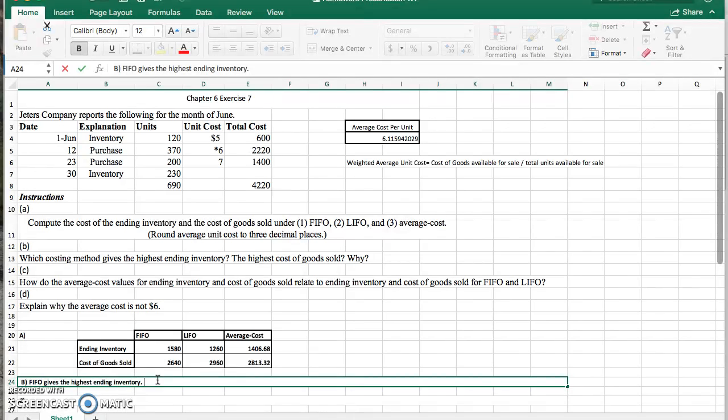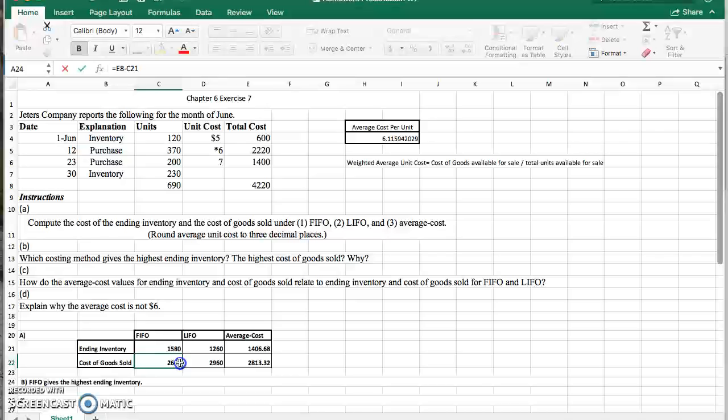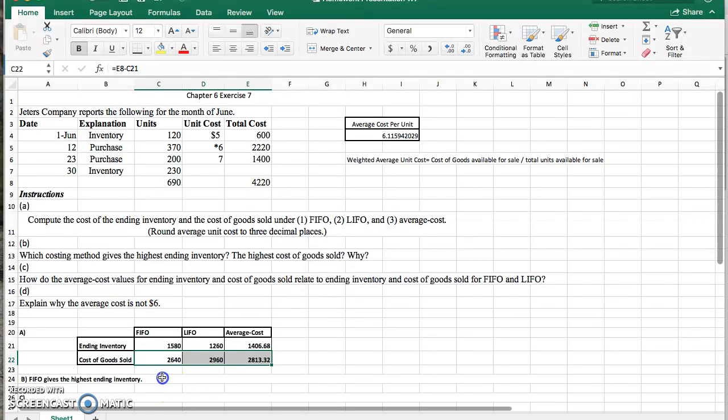Then it asks which one has the highest cost of goods sold. If we look down here, we can see that LIFO has the highest cost of goods sold.